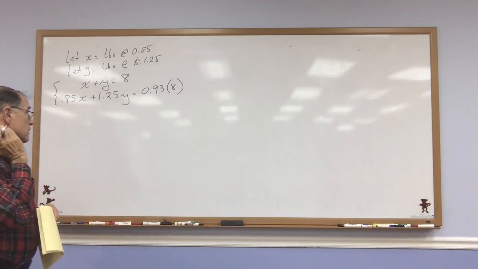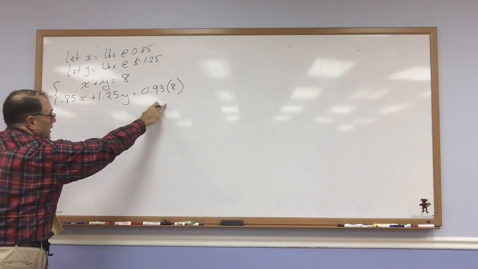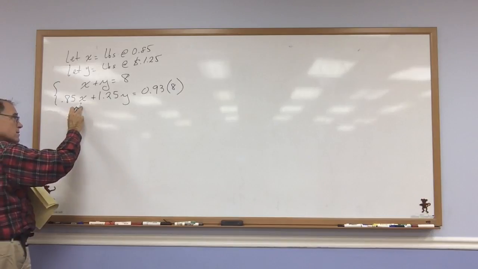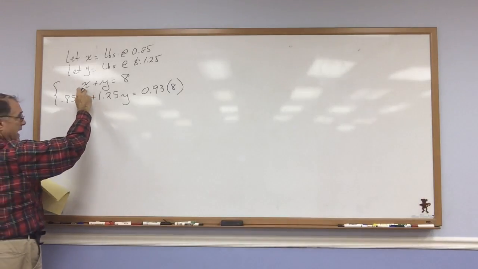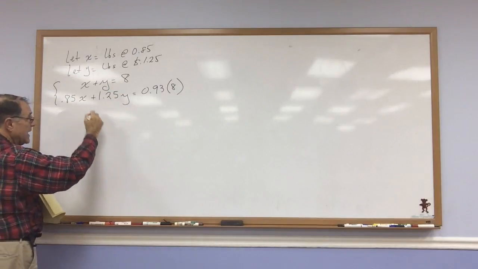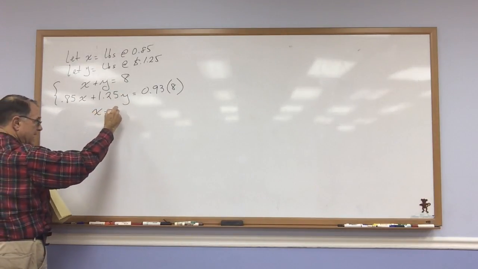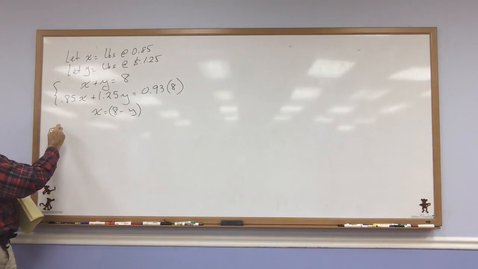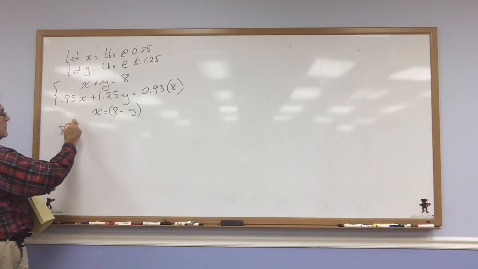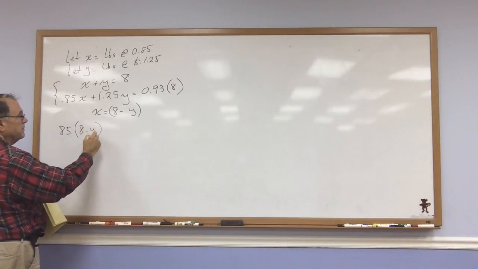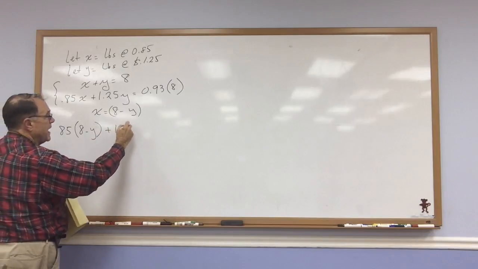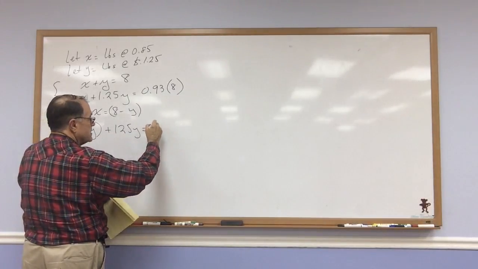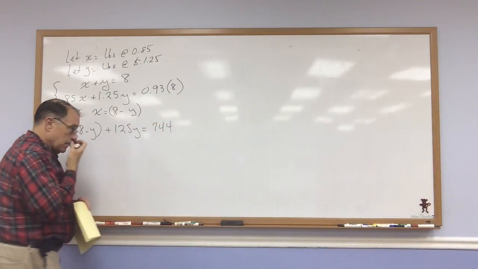Now, what I did was to go ahead and multiply by 100 to clear the decimals, and at the same time to substitute. So if X plus Y is 8, then X equals 8 minus Y. And I'm going to substitute that right here. So 85, I'm multiplying by 100, times 8 minus Y plus 125Y equals 93 times 8, which is 744.